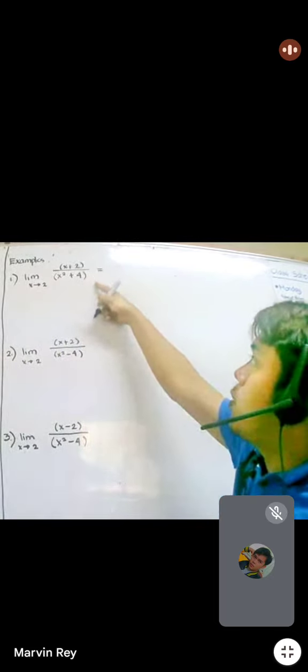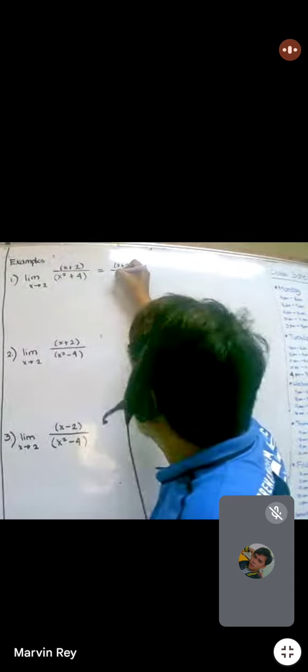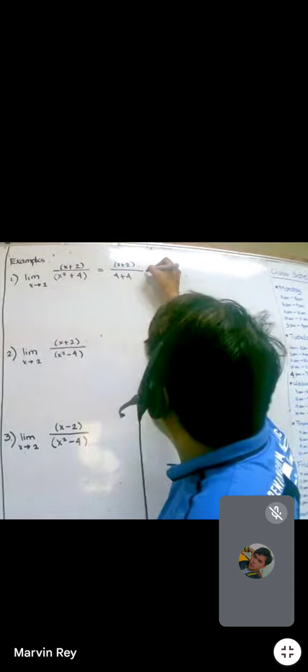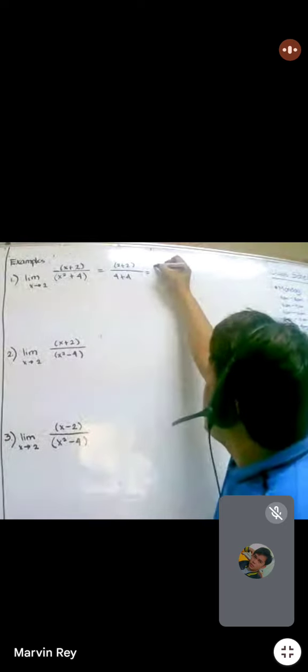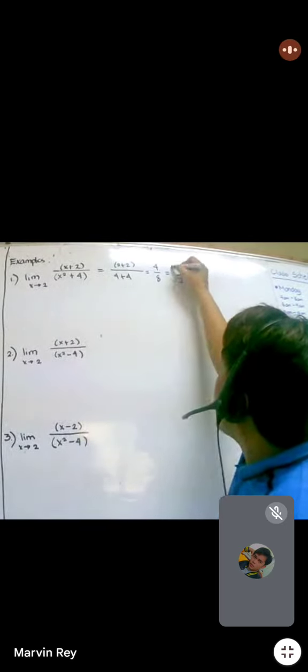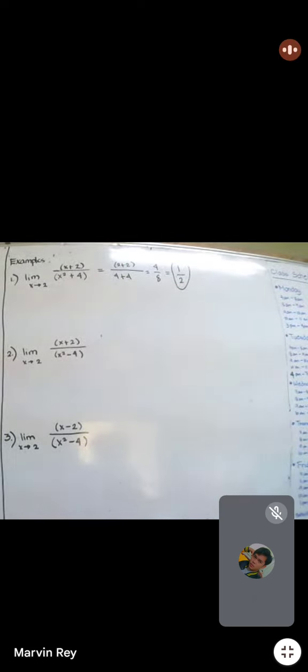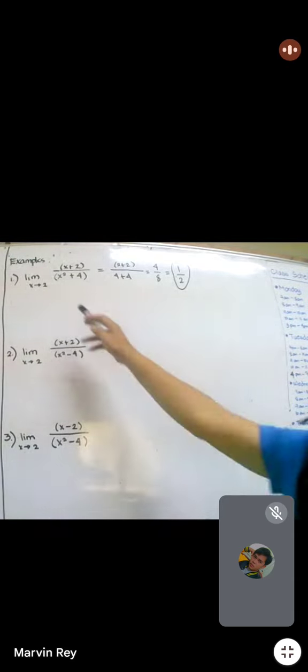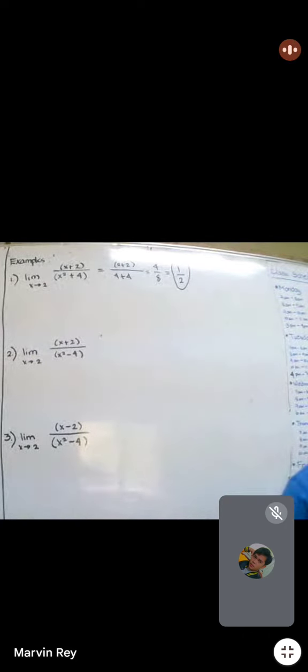So 2 plus 2 all over 2 squared, which is 4, plus 4. It is equal to 2 plus 2 is 4 over 8, or simply equal to 1 half. So the answer is 1 half. You just have to substitute directly the value of x in the equation.